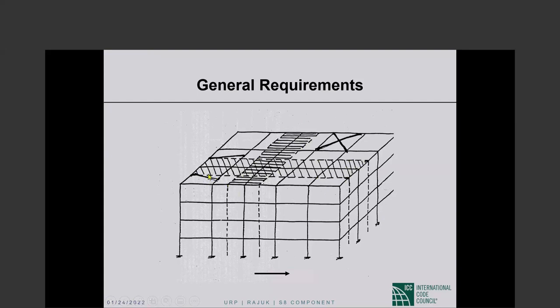Here I was trying to show that if the column layout is not exactly symmetrical and everything, then instead of a straight line, you may end up with a line like that. Your panel center line may look like that if the column layout is irregular.